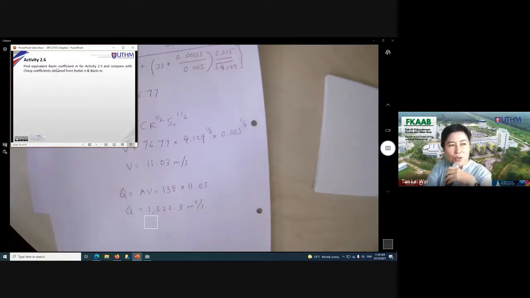Find the equivalent Bazin coefficient M for activity 2.3 and compare with the Chezy coefficient obtained from Kutter N and M. Actually, this one is activity 2.5. There's an error there, I forgot to change the numbering. It says find the equivalent Bazin coefficient, and compare with the Chezy coefficient obtained from Kutter and Bazin.